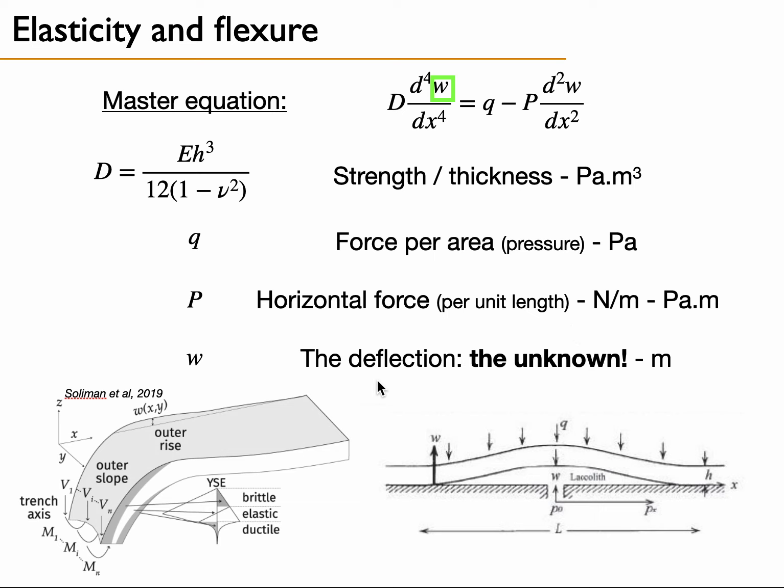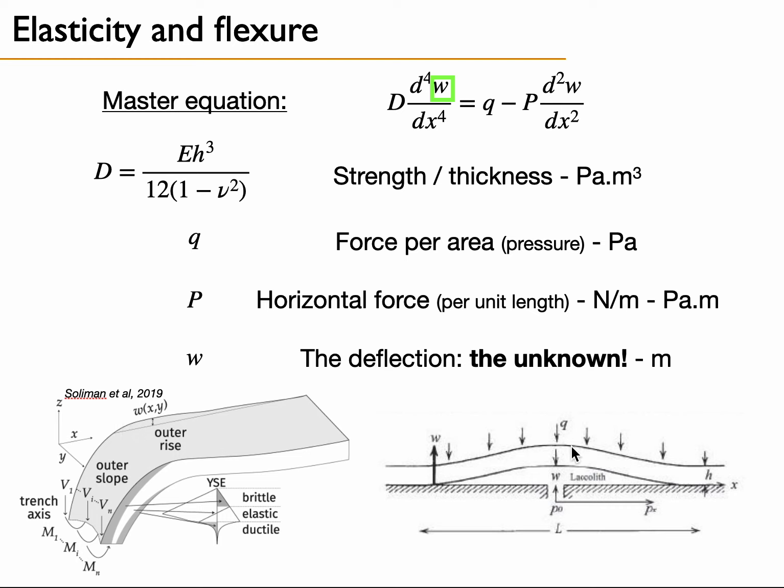W is the quantity of interest. That's the deflection. That's what we want to predict with the model. So you see W on this example of a plate bending in the subduction zone, the outer rise here, this is the quantity W that we wish to predict.